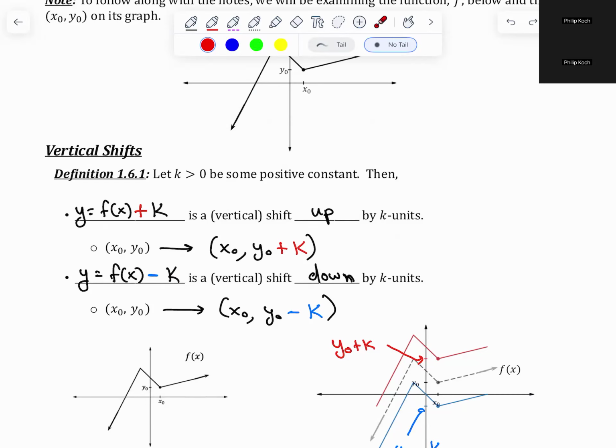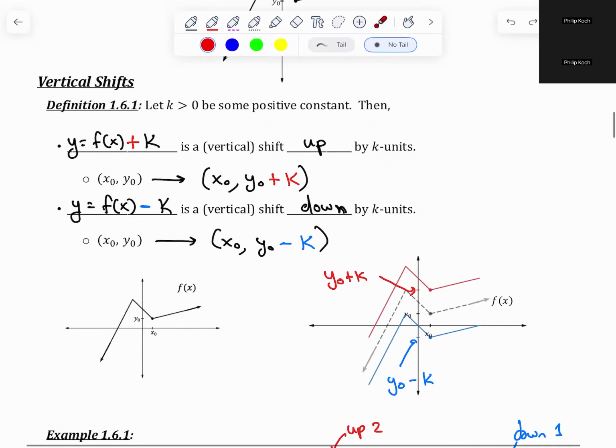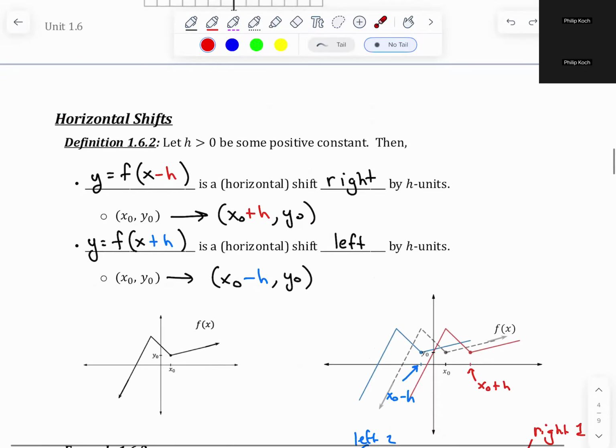It happens after the fact, whereas here, it happens before. We take in an x value, and before we even compute what the y value is, we subtract h or we add h. Does that make sense? That's the reason why it's different. It happens on the inside before we actually compute anything. That's the main difference. And because we're computing it before we actually compute the function value, we have to counterbalance what we just did.